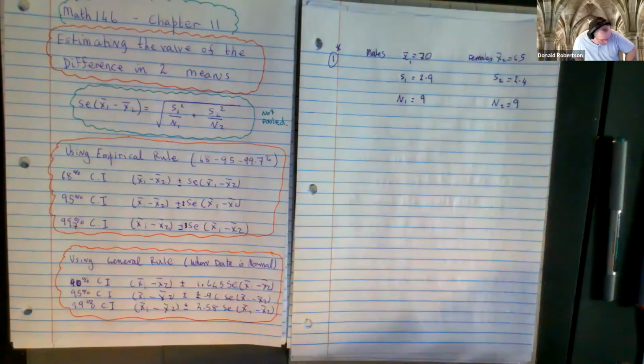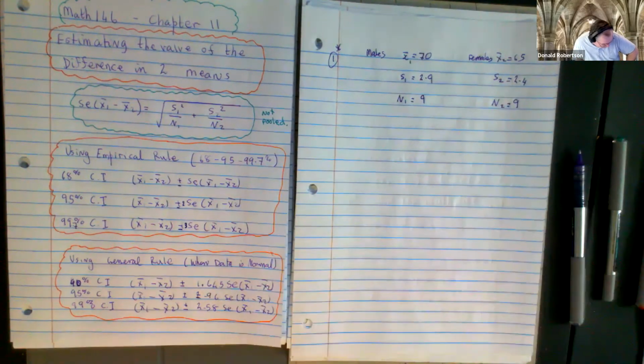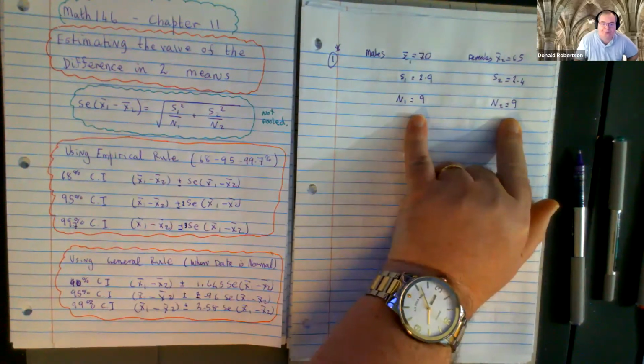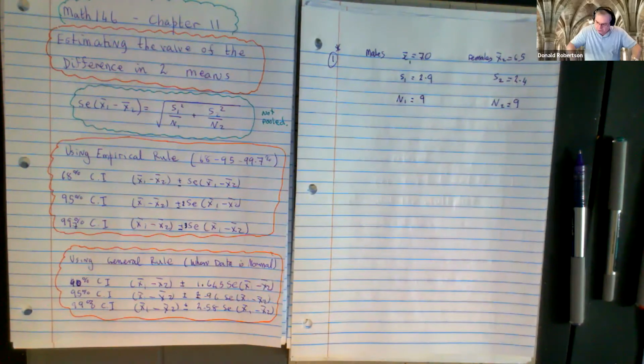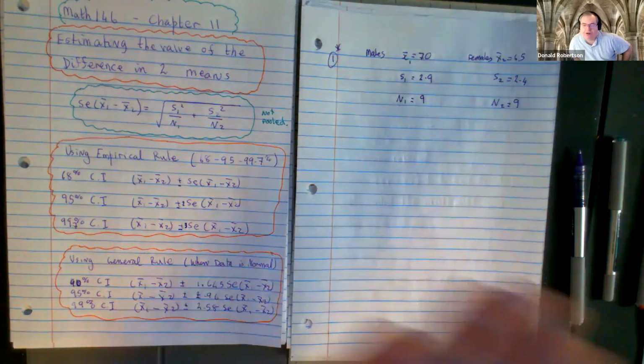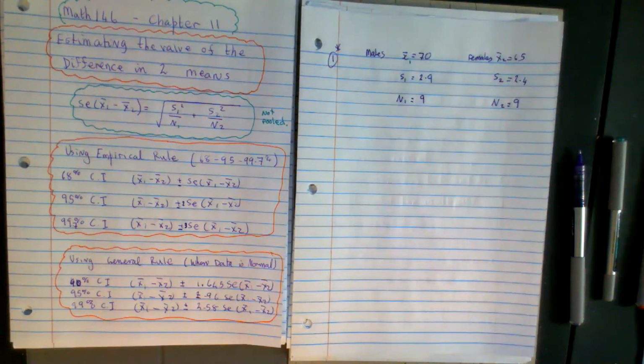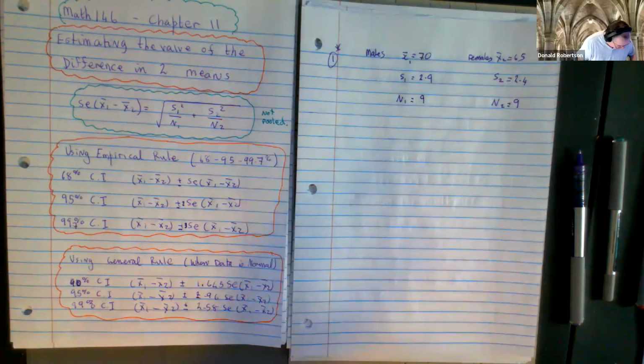Now, there are rules about what you can and cannot do. 9 is atrociously small, but as long as the data was normal, right, the populations were normal, you can get away with tiny sample sizes. So we'll assume that this is one of those situations.